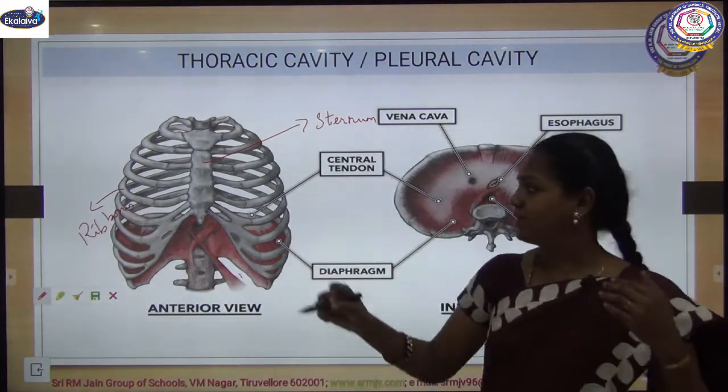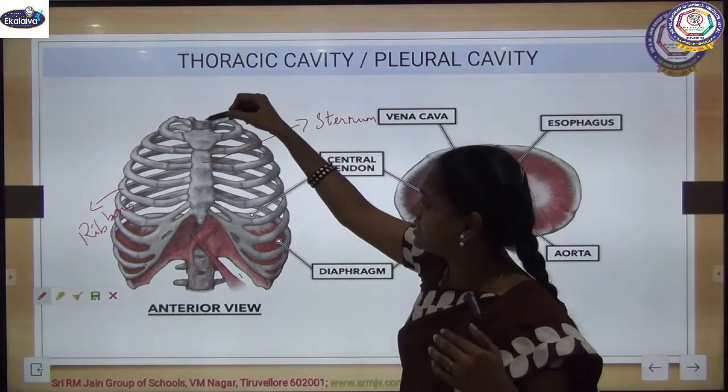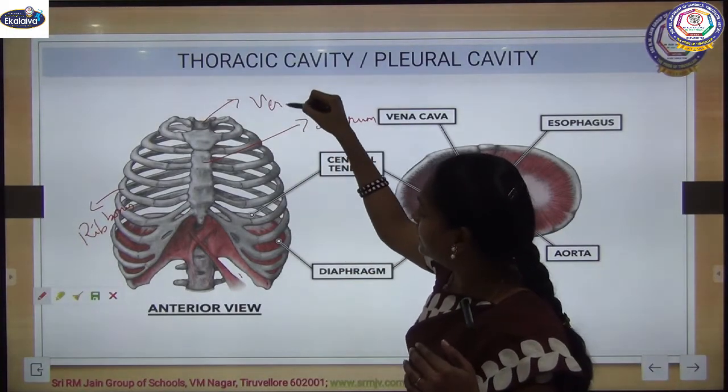At the back, exactly behind the sternum, there is our vertebral column.